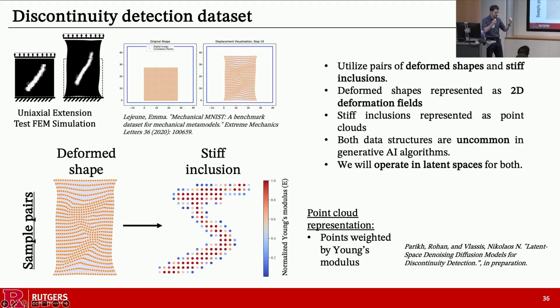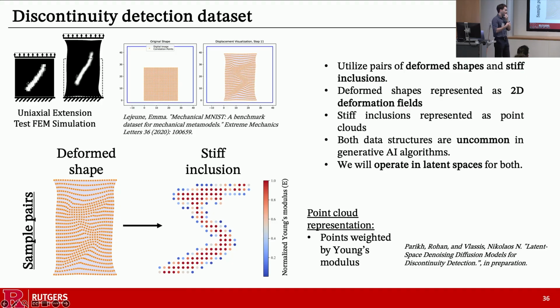So we said, let's set up an inverse problem where we input a deformed shape and predict the stiff inclusion and maybe the distribution of the Young's modulus. We describe the deformed shape as a 2D field of deformations. We describe the stiff inclusion as a point cloud, every point weighted by the Young's modulus. And why do we do a point cloud?